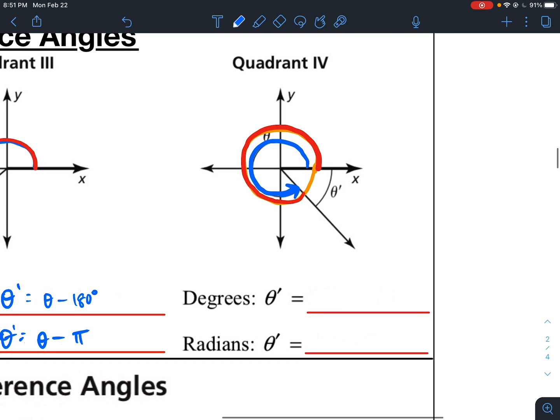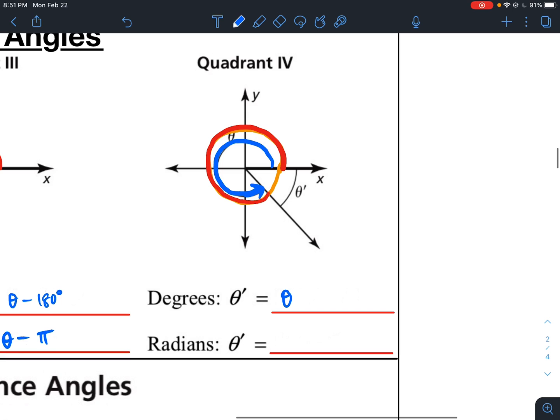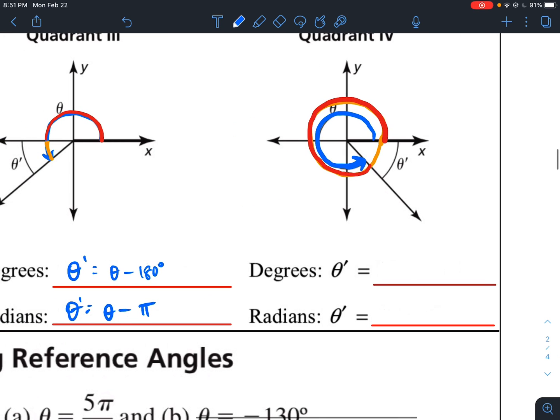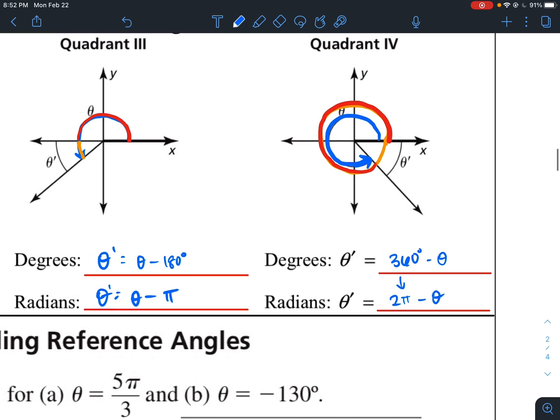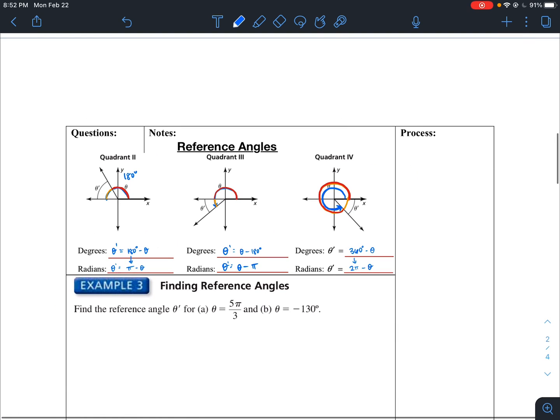So in degrees, the reference angle is 360 degrees minus theta, and 360 degrees in radians is 2 pi, so it's 2 pi minus theta. This is for cases where the terminal side is in the 4th quadrant.